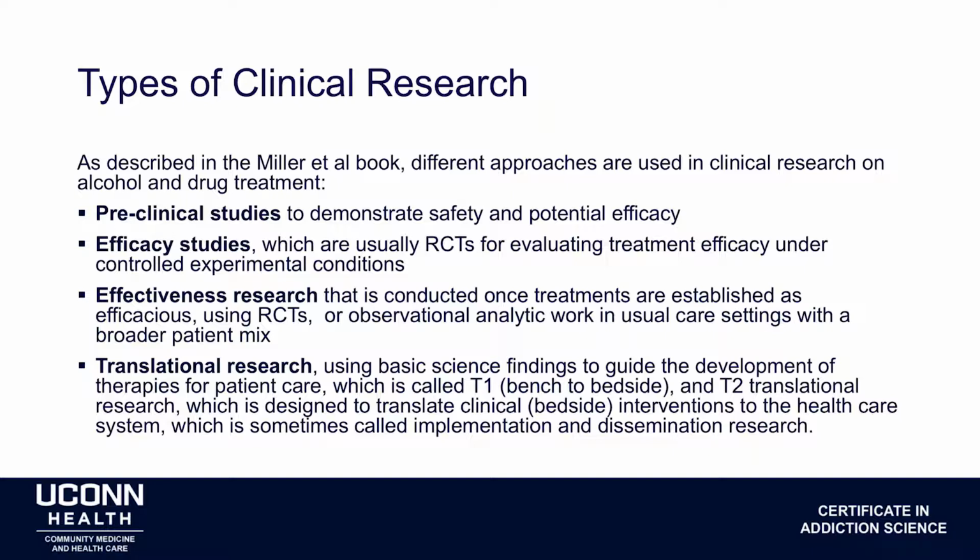And sometimes that's sufficient, but often we really want to know more, not just that our intervention is effective, but that it can be implemented, that it's feasible. And this is called T2 translational research. It's designed to demonstrate a bedside intervention into the healthcare system itself. And this is also called implementation and dissemination research.